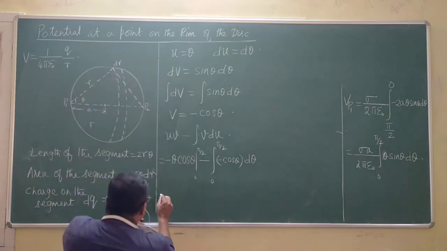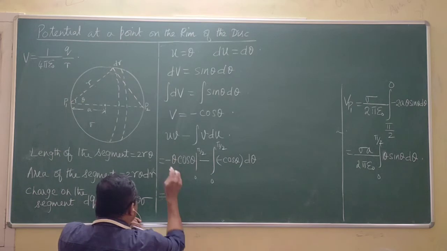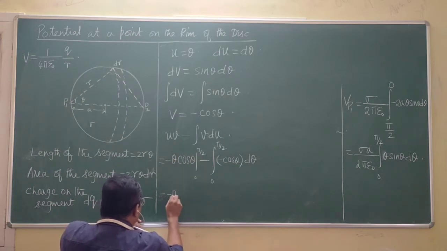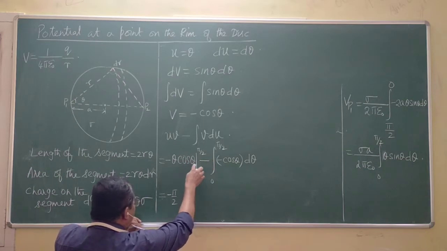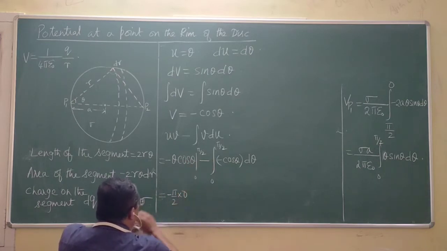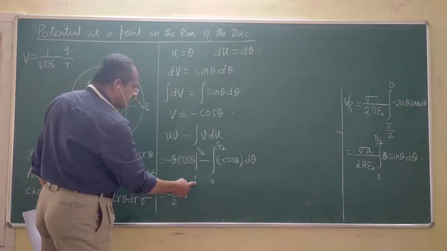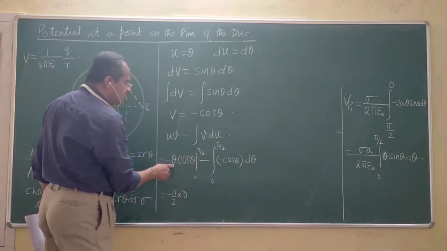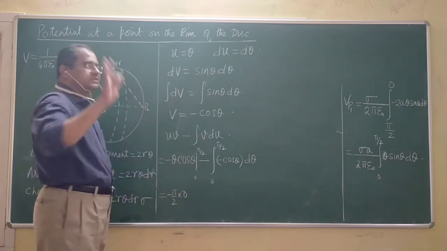This is equal to upper limit, minus sign is there, upper limit pi by 2. If I apply the upper limit to cos theta, cos 90 will be 0. Then a minus sign will come. I have to apply lower limit 0. Anything multiplied will be 0. Therefore, the entire part will be 0.